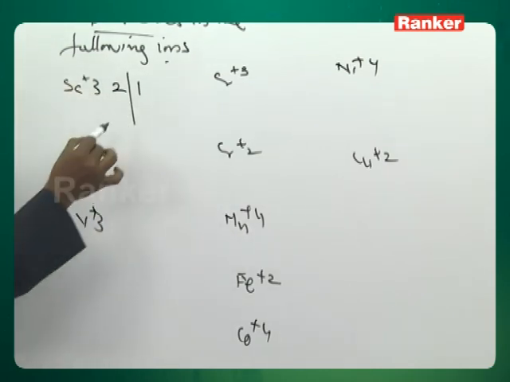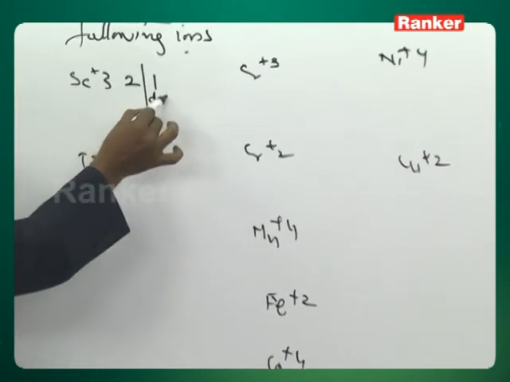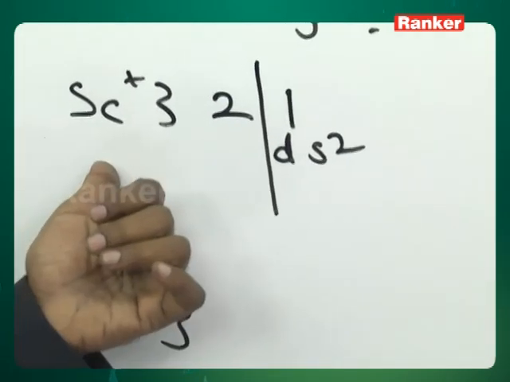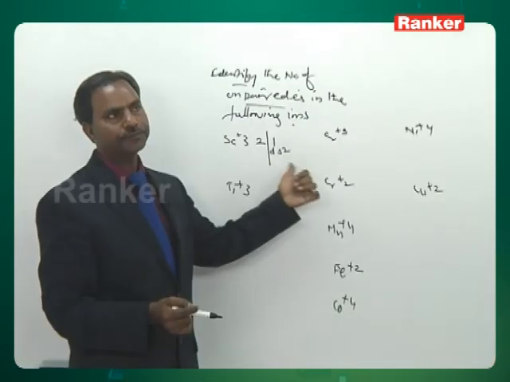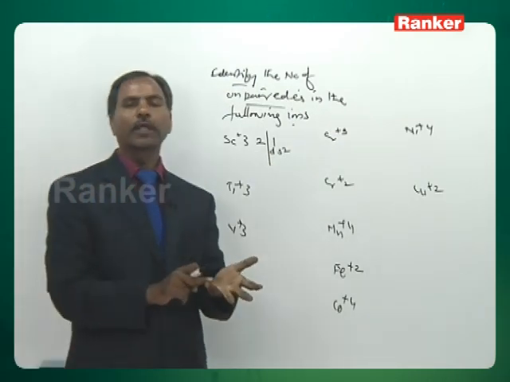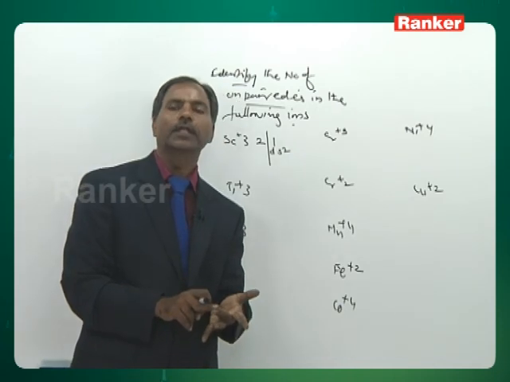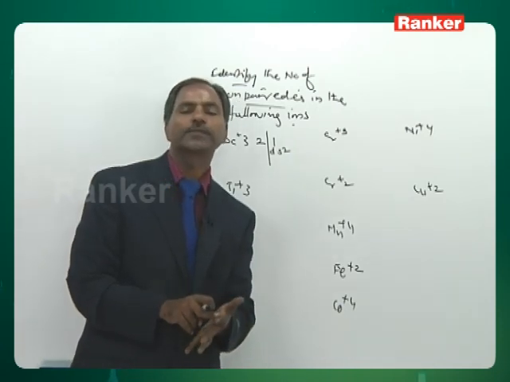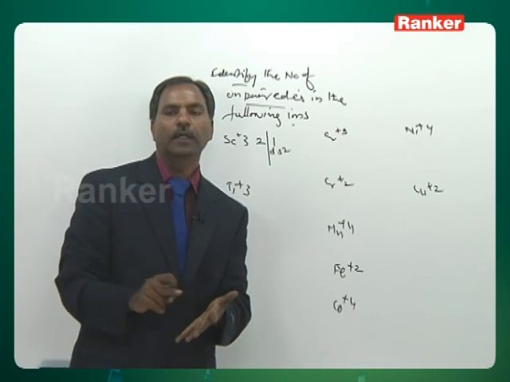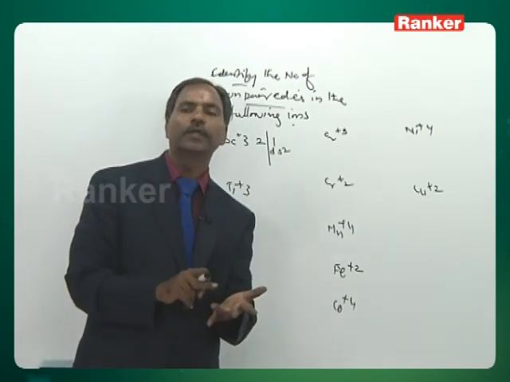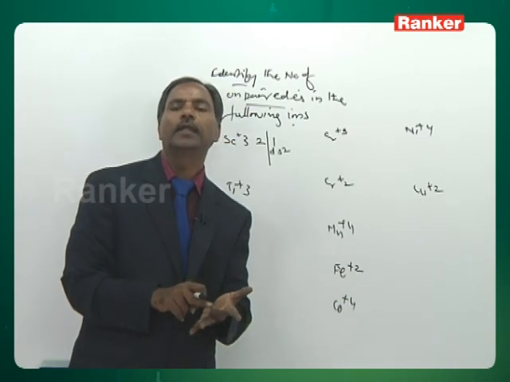Then the second digit, you can take as its electronic configuration. What is it now? d1s2. 21 d1s2, 22 d2s2, 23 d3s2, 24 exception, that is d5s1. Next 25 d5s2, 26 d6s2, 27 d7s2, 28 d8s2.